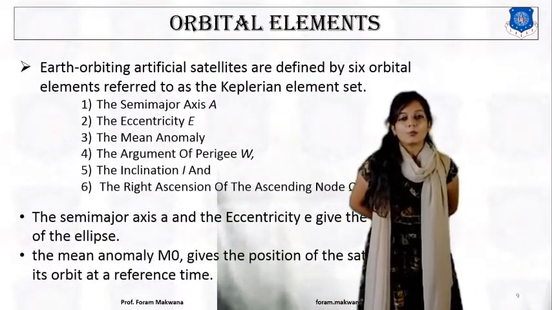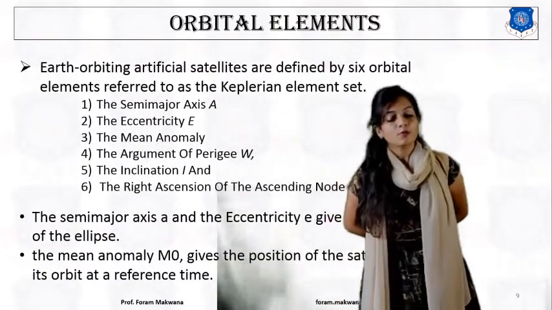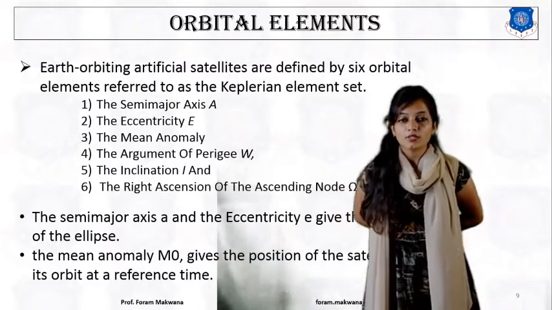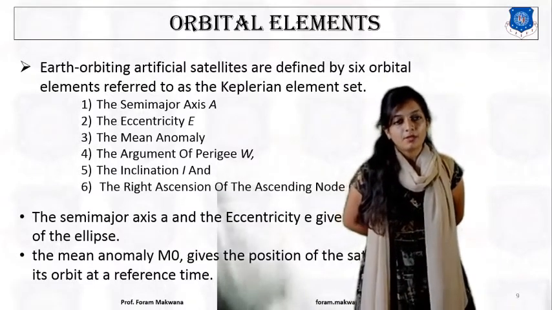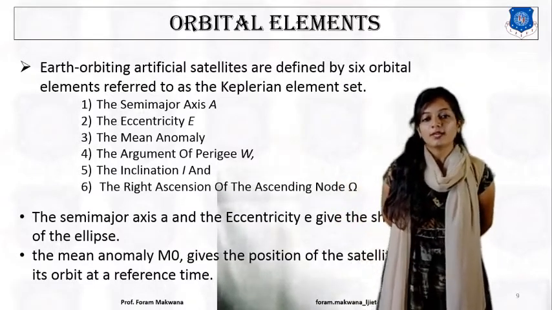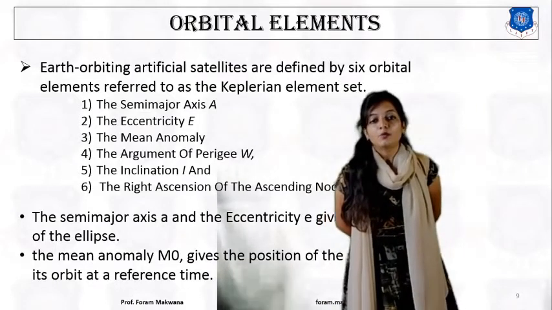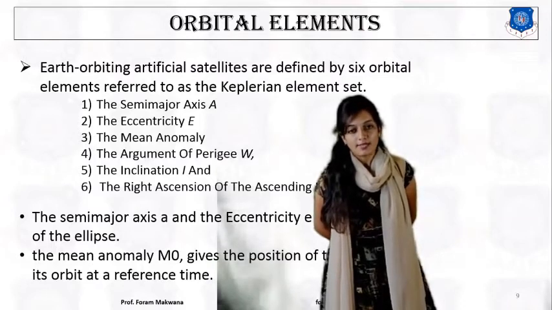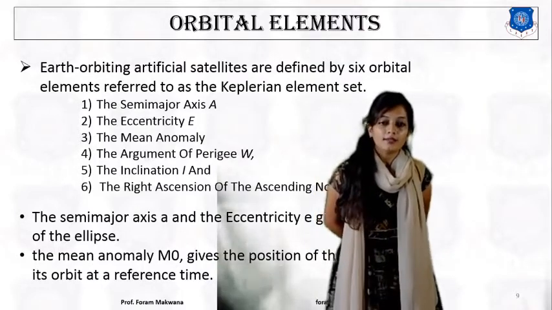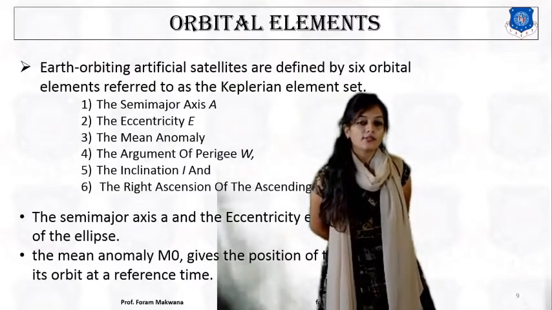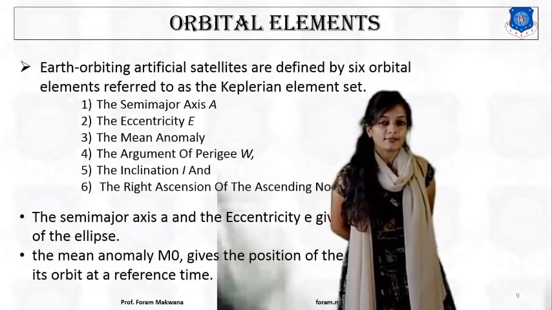Now, what are the orbital elements? So, there are total 6 orbital elements. But the application of these orbital elements is, we need to define at which position the orbit lies, at which angle my orbit lies. So what is a fixed position of my satellite?